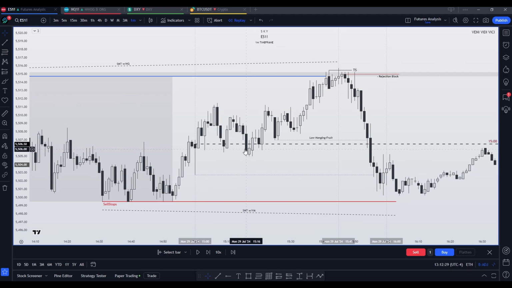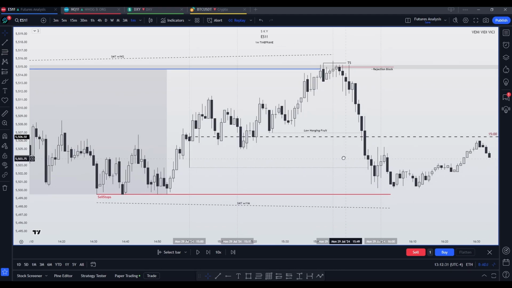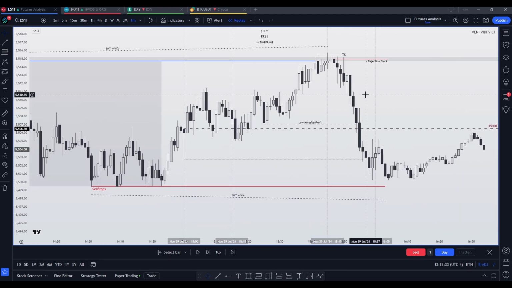As you can see, from 1515 to 1545, as we explained, here we can see how the market targets the stops, meaning we can already take a trade.